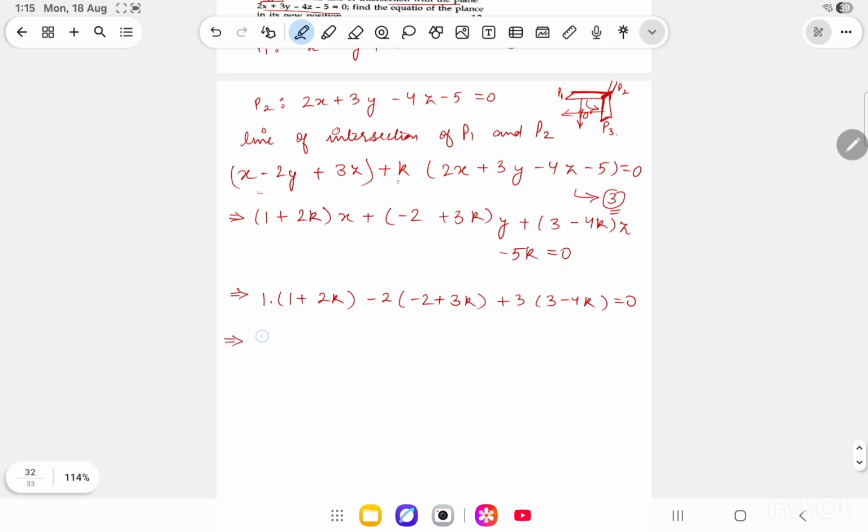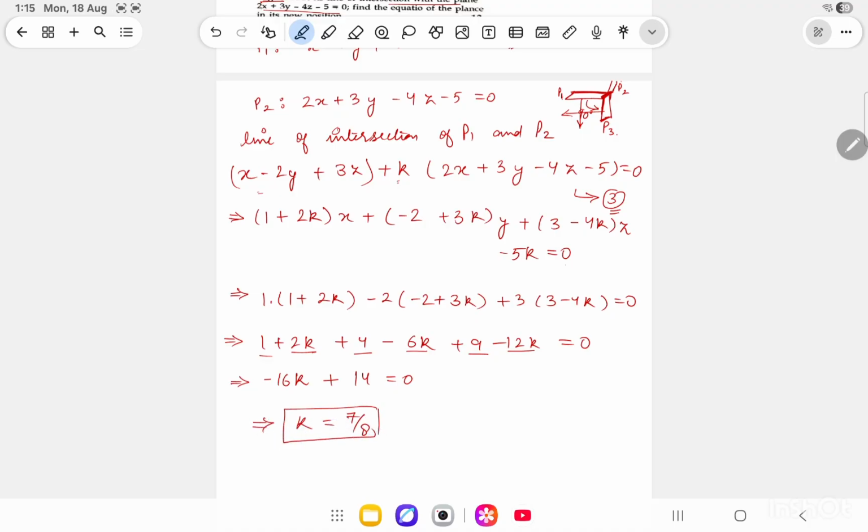If I simplify it, I'll get 1 plus 2k plus 4 minus 6k plus 9 minus 12k equals 0, which is equivalent to saying minus 16k plus 14 equals 0. So from here I got k as 7 by 8.